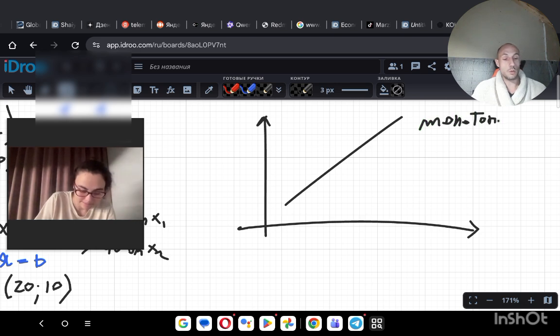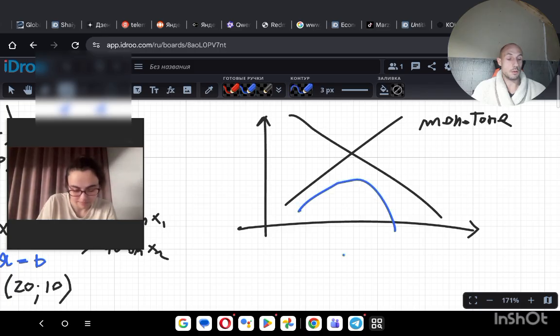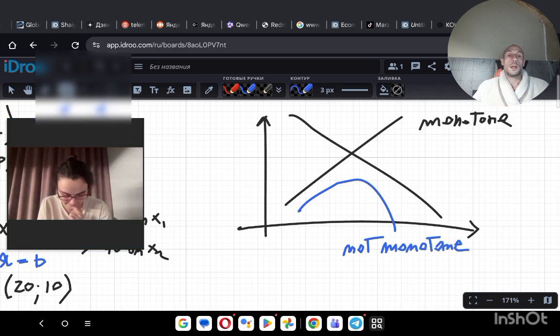This is monotone. This is not monotone. Okay. So indifference curves never cross because of transitivity, monotonicity, convexity.